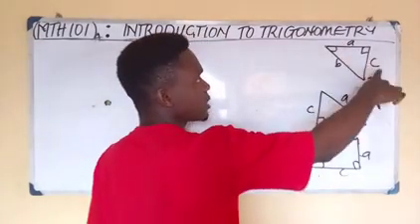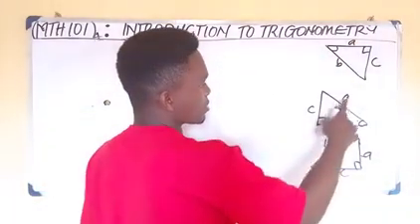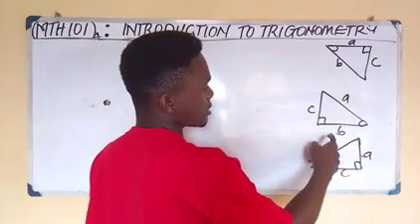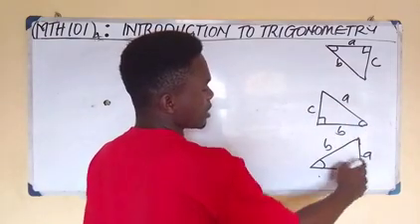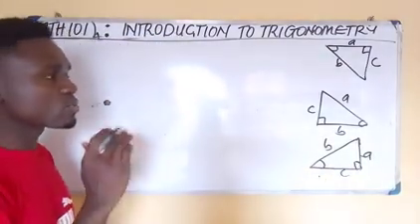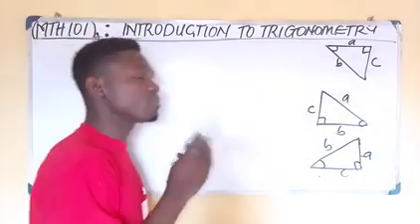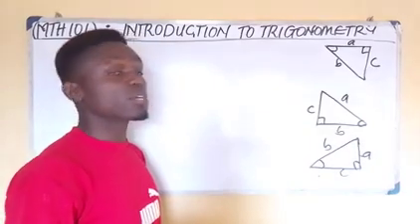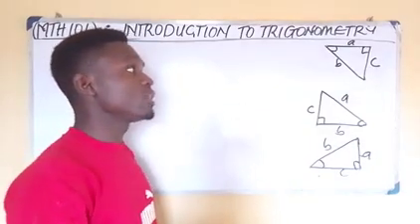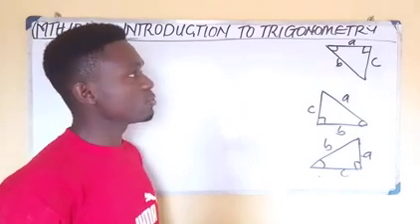In this case, here is opposite and here is adjacent, and in this case, here is opposite and here is adjacent. So please, you must take a good look at it very well before you start indicating. It is very, very important you do that. Yes, it is very simple. If you are not careful enough, you will not get it right. That is how it is.